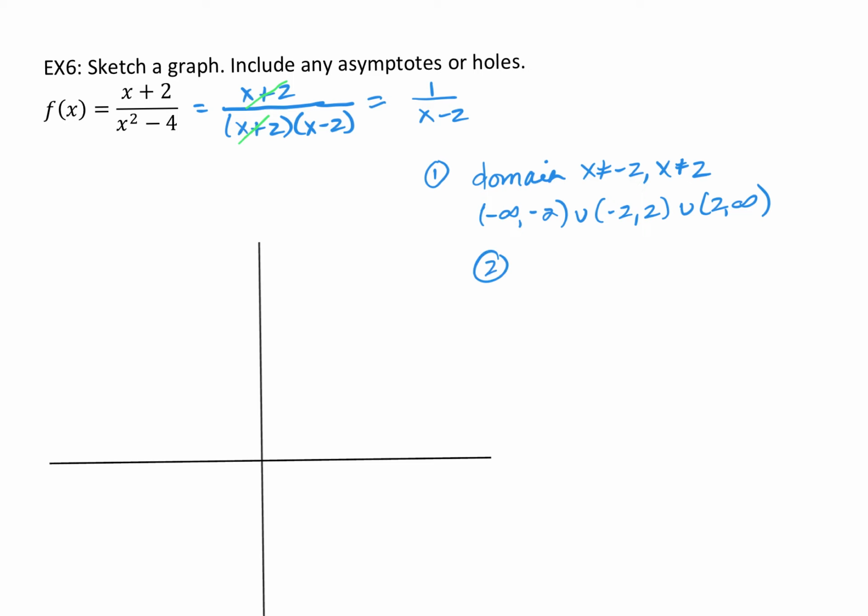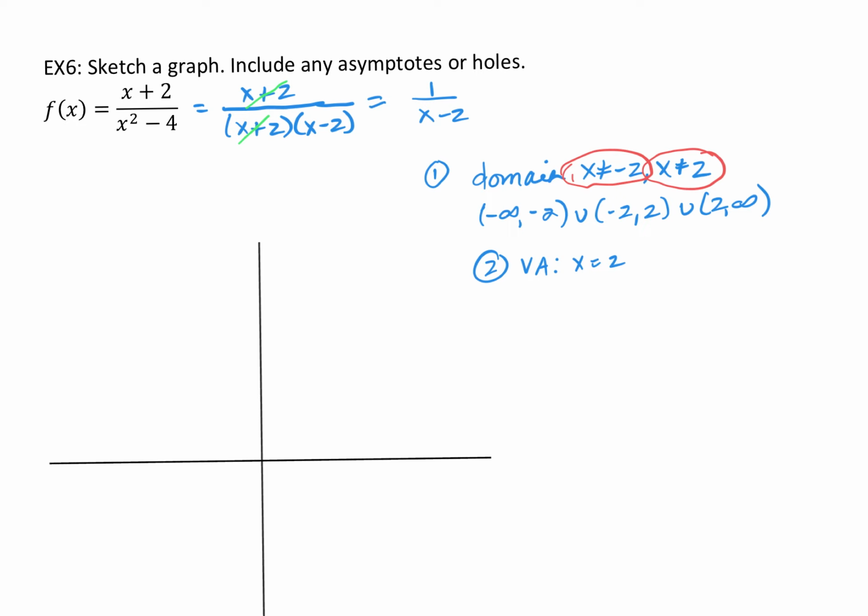In part 2, we want to find vertical asymptotes. If I set x minus 2 equal to 0, I get x is equal to 2. However, remember that in my domain, I had 2 points. I had a -2 and I had a +2 where the function was undefined.